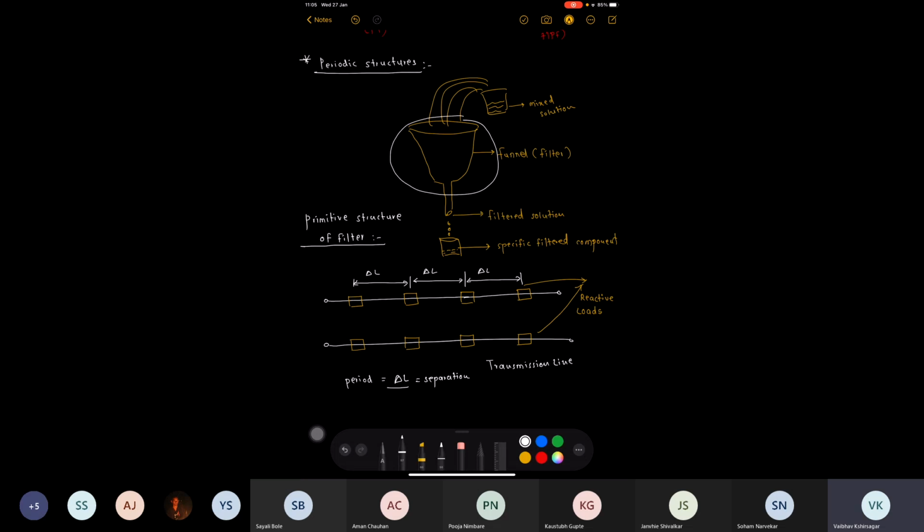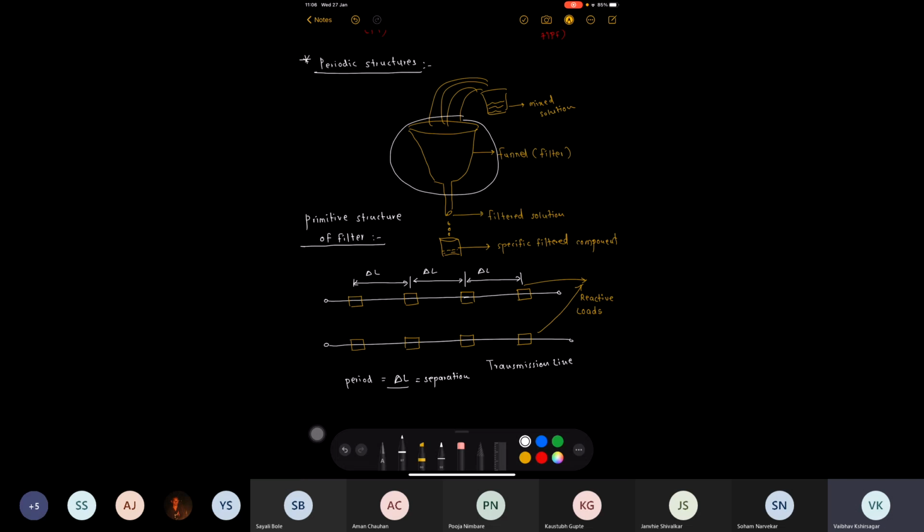So what I'm doing over here is taking initially a plain two-wire transmission line, and I'm going to continuously load this transmission line with reactive loads at a specific separating gap. Okay, and this structure is going to primarily behave as a filter component.